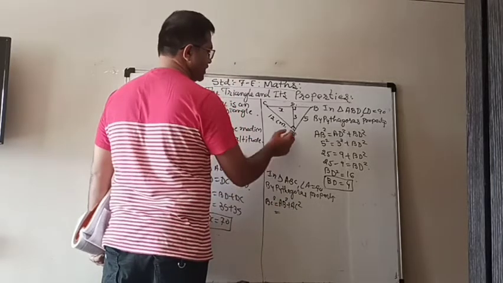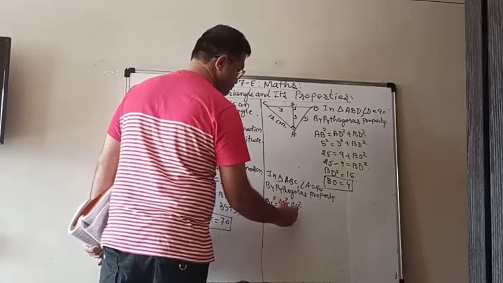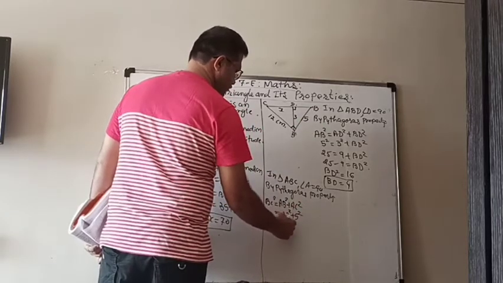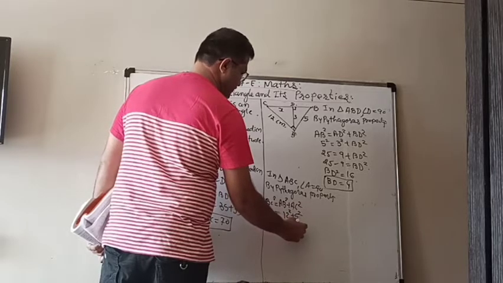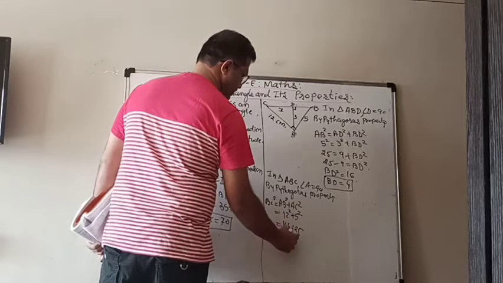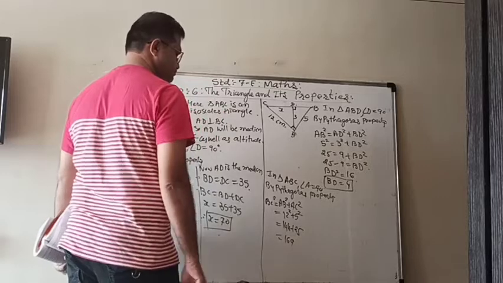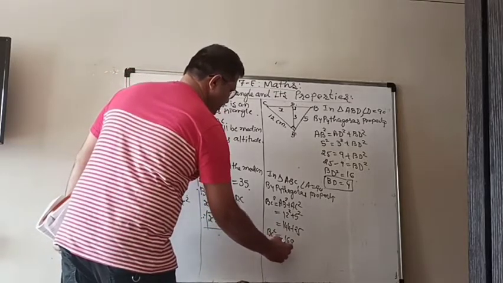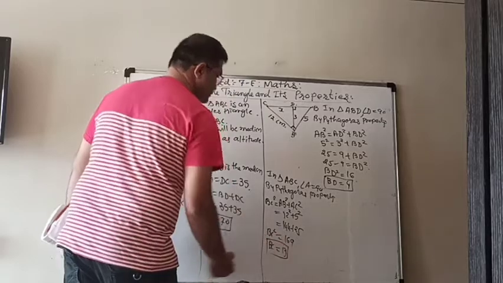What is AB square here? 12 square. And AC is 5. So 144 plus 25, and that is 169. So we know that 169 is the square of 13.